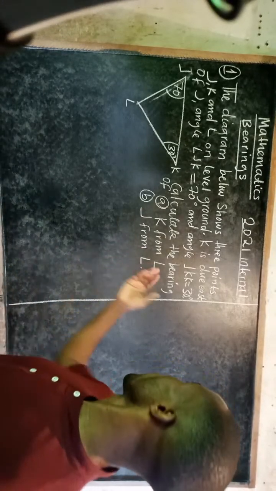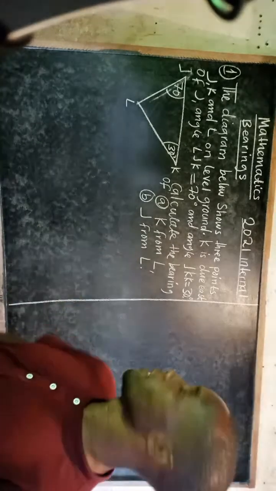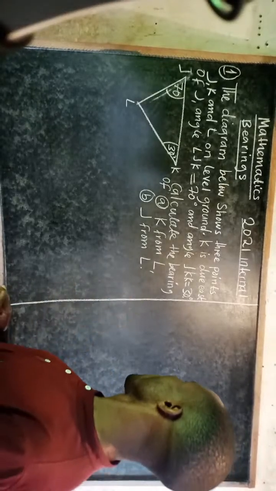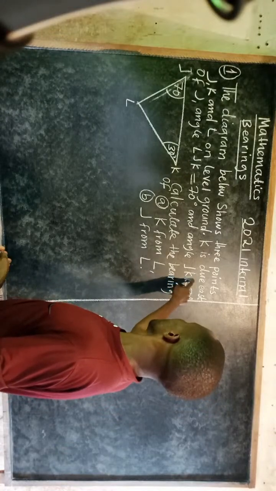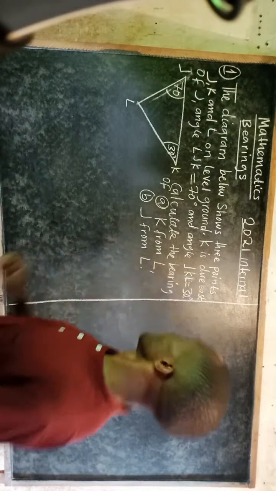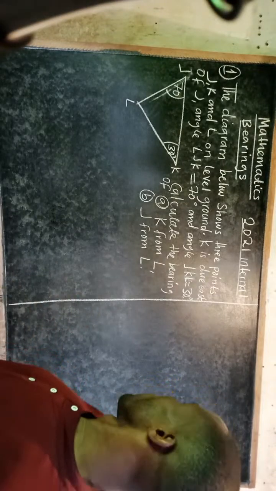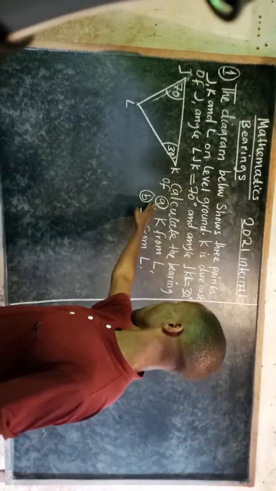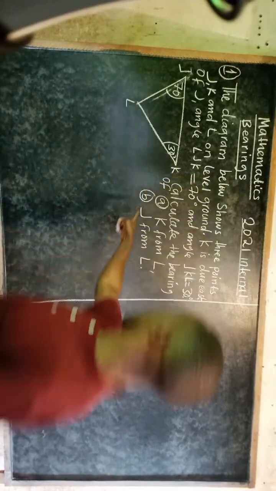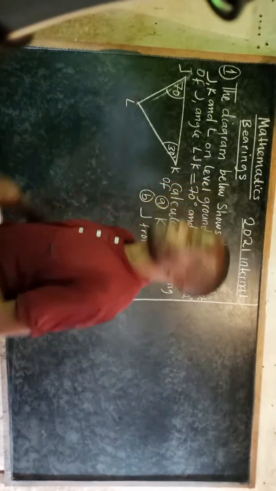K is due east of J. Angle LJK is equal to 70 degrees, and angle JKL is equal to 30 degrees. Then the questions: calculate the bearing of A, K from L, that is K from L. Then B, J from L, J from L.